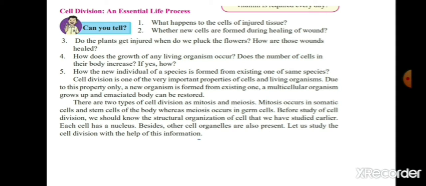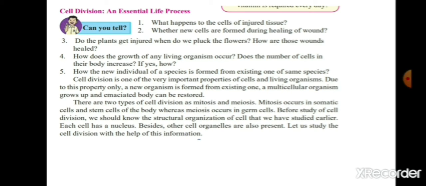tissues. Now, the fifth question: how is a new individual of a species formed from an existing one of the same species? Answer: due to reproduction, the new individual is formed from the existing one. Reproduction can be asexual or sexual.